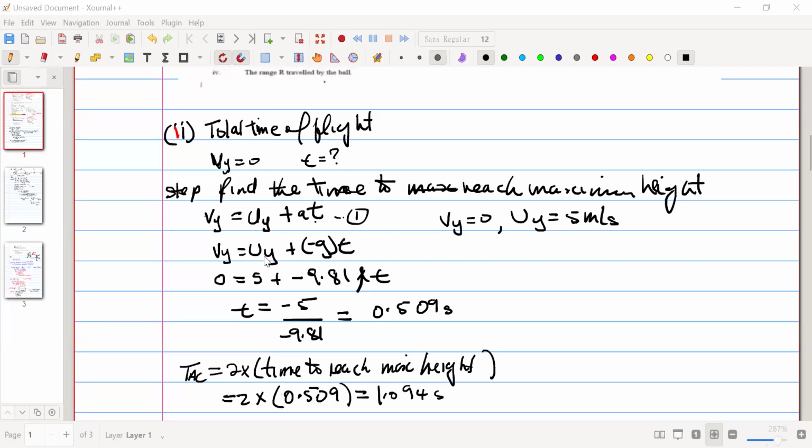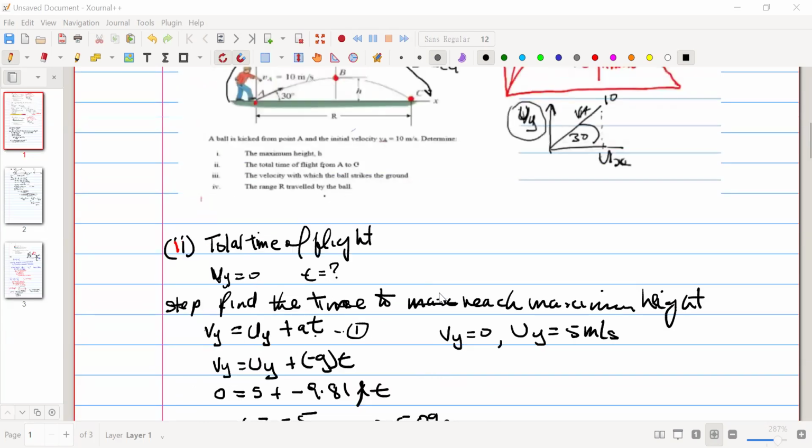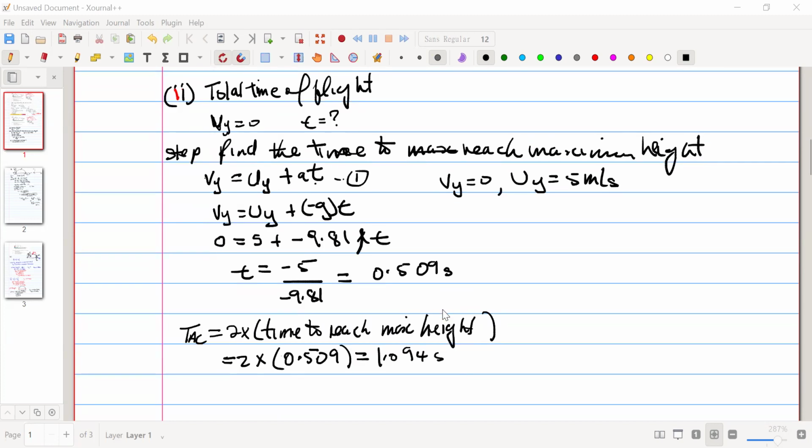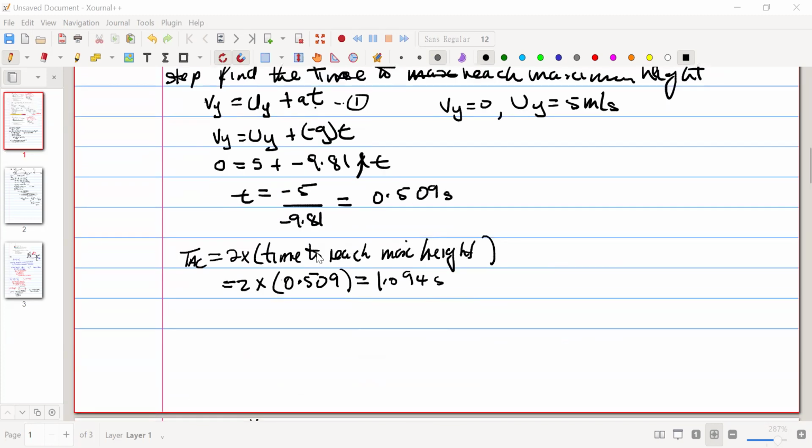So 0 minus 5 is minus 5, and you divide through by minus 9.81, minus cancels, and your time to go halfway of the flight is 0.509, just to reach the midsection of the flight. When you're finished, we double it because it's symmetrical, and you get the total time of flight.